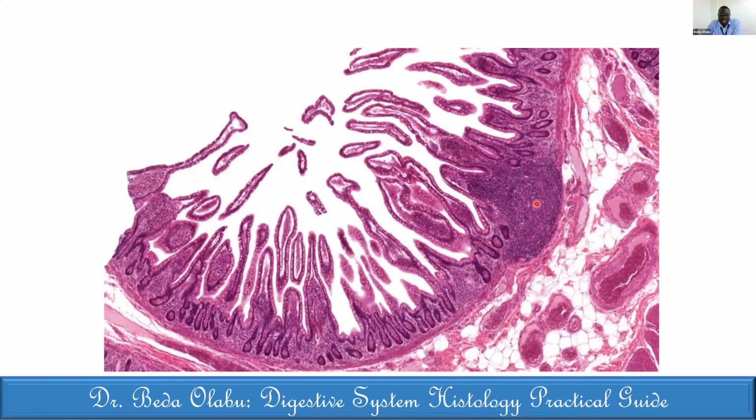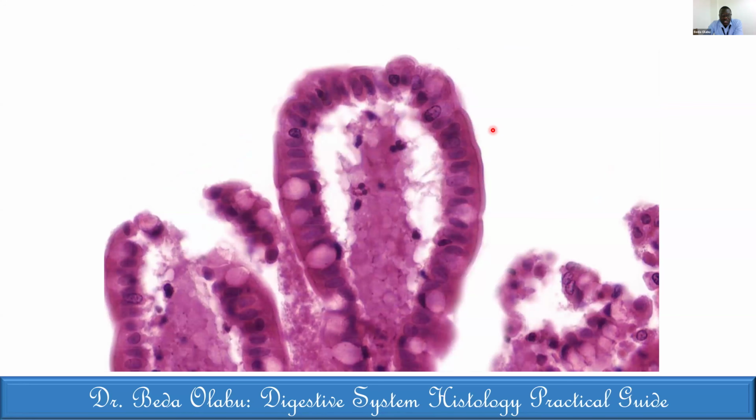This is a section of ileum, and we can see mucosa-associated lymphatic tissue present. We can see villi, and I want to note that the villi have a lot of goblet cells now. This magnification is important for us to single out the villus. Simple columnar epithelium lines the villus. This is a goblet cell, that's a goblet cell, that's a goblet cell, so there are several here.